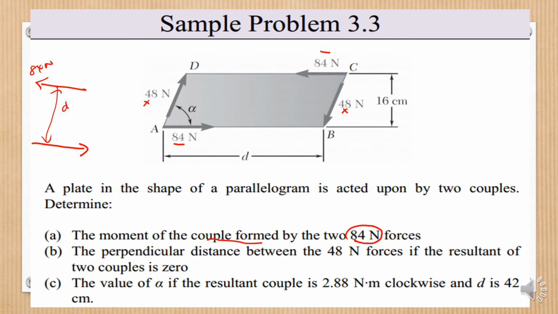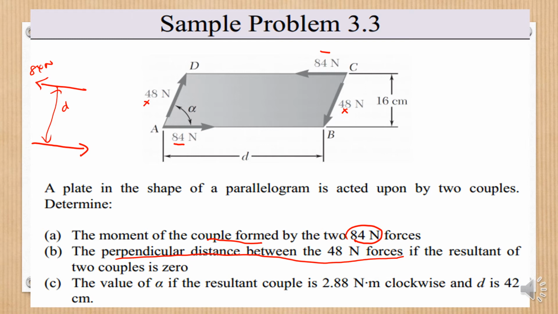Look at the second one, part b: the perpendicular distance between the 48 Newton forces if the resultant of the two couples is 0.